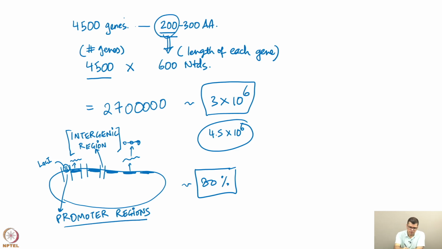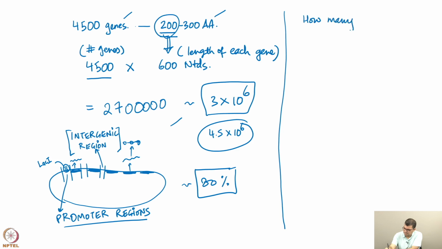So, we know the number of genes, we know typical length, what fraction of the genome is comprised of genic region. The last bit that we want to discuss here is how many protein molecules does an E. coli have.